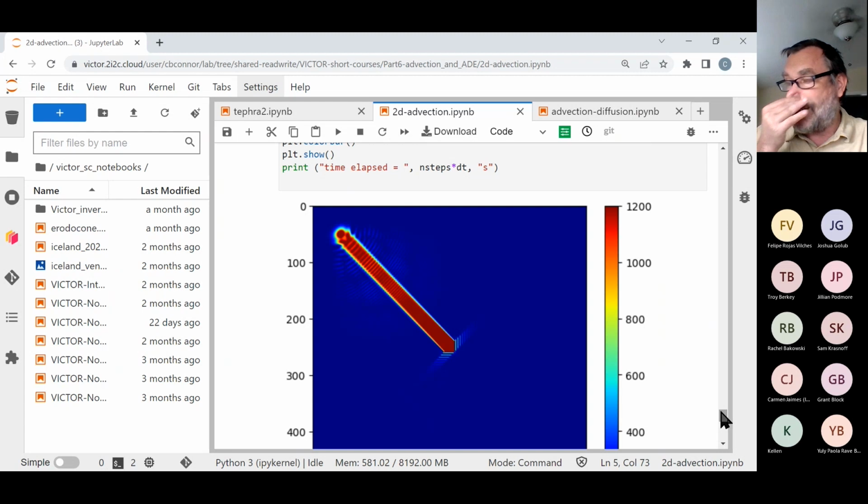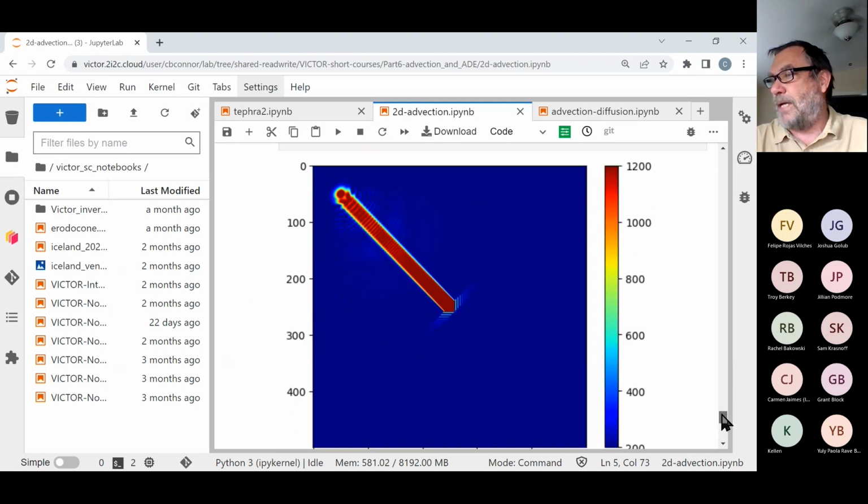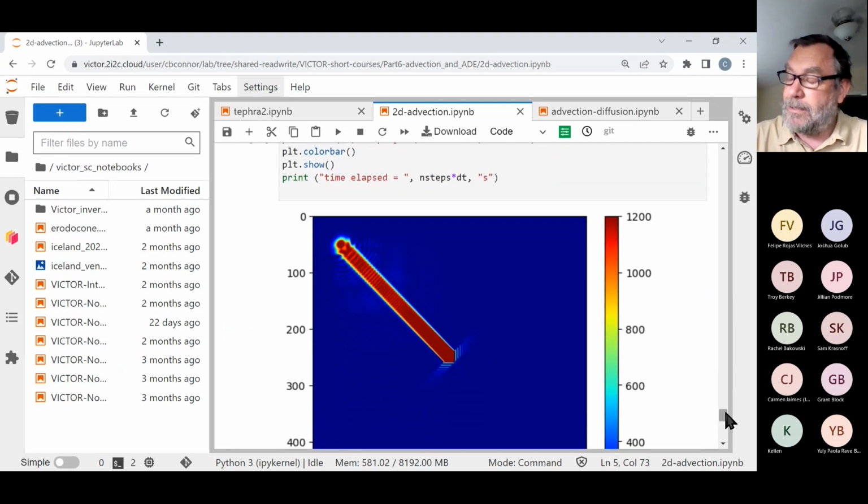And this is what the output looks like. Well, not bad. You can see there's still some numerical instability in this model, right? And so I might have to mess around with my grid spacing, my time step, or whatever to make this behave a little bit better.